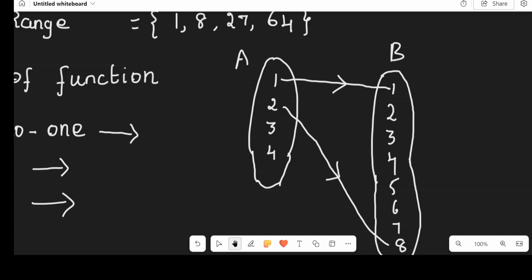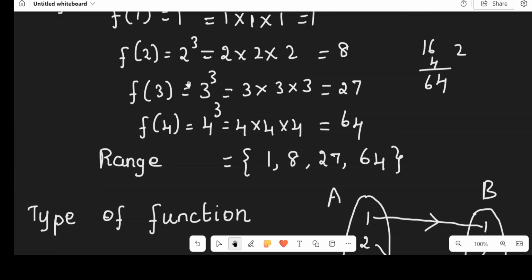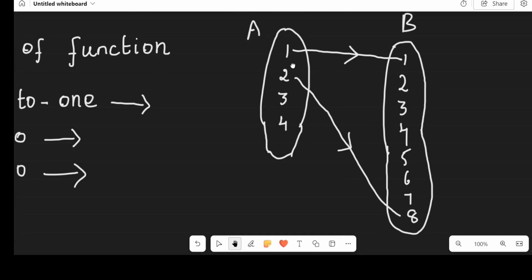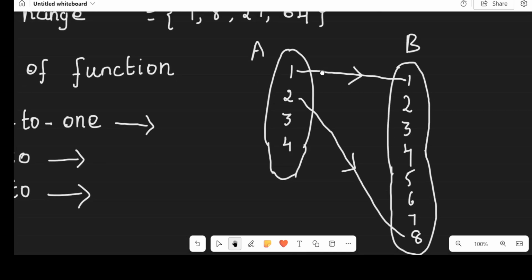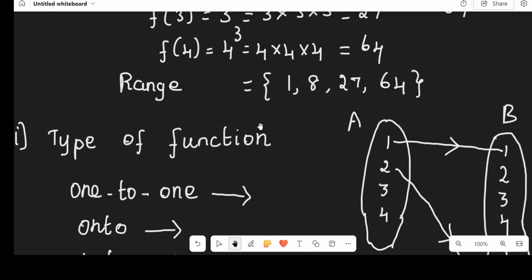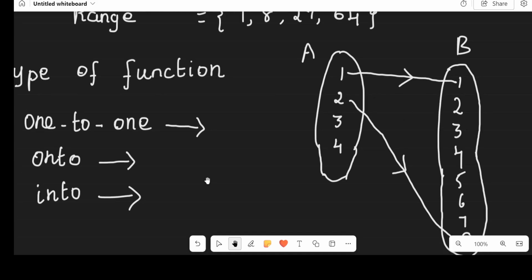Here I have mapped 1 with 1, 2 with 8, 3 should be mapped with 27, 4 should be mapped with 64. We have to link the elements like this, but this number is big, so I'm writing till 8 only. So this is the relation, right?